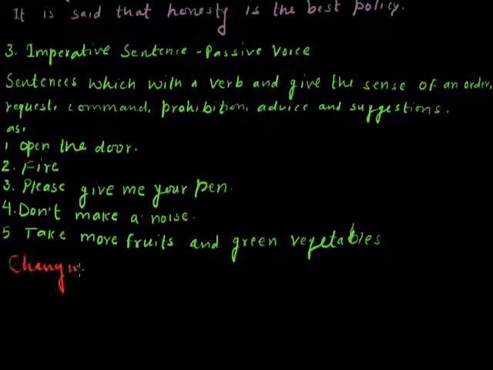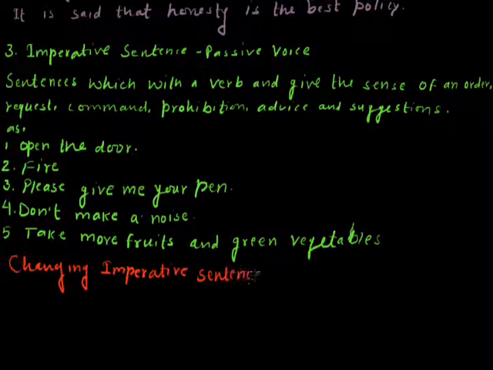Okay, so when we are going to change the imperative sentence into the passive voice, we use three methods. All these three methods will be discussed in this exercise. So let us discuss the first method first.